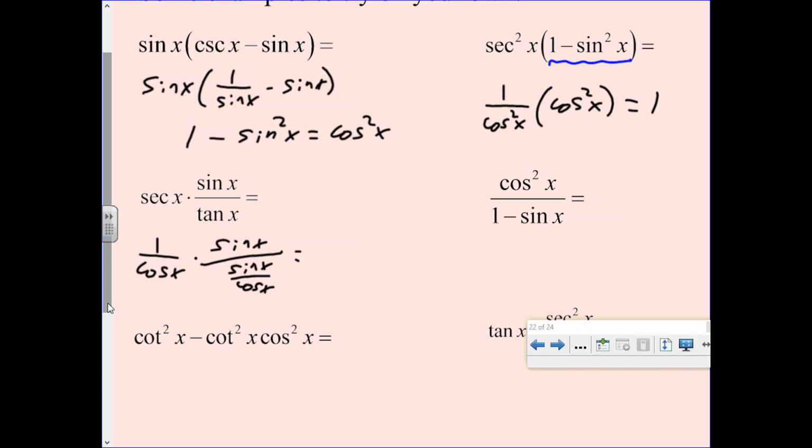Leave the first guy alone for a second, so 1 over cosine x times sine x, doing the old keep, change, flip thing from middle school, times cosine x over sine x, and we can put him over 1 if we want to, and look what happens. Cosines cancel out, sines cancel out, so that's why this also equals plain old 1.